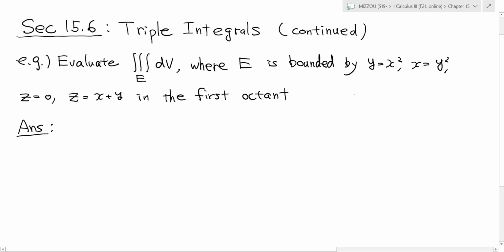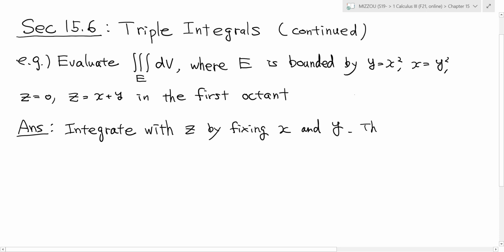Okay, so therefore integrate with z by fixing x and y. Since we are inside the first octant, x is always bigger than or equal to 0, and y is bigger than or equal to 0, and of course z is also bigger than or equal to 0.